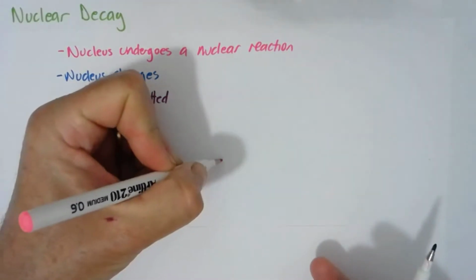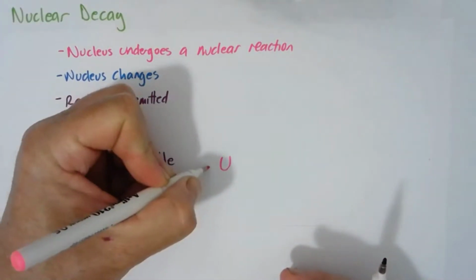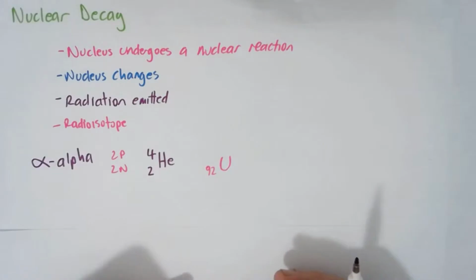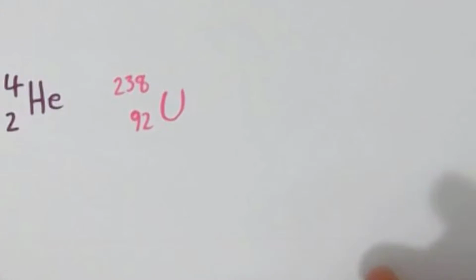For example, uranium. Uranium has an atomic number of 92, and this particular isotope of uranium has a mass of 238.